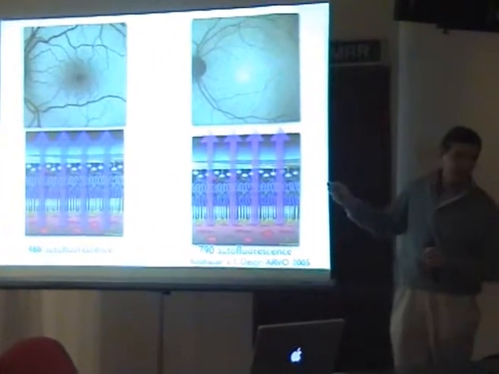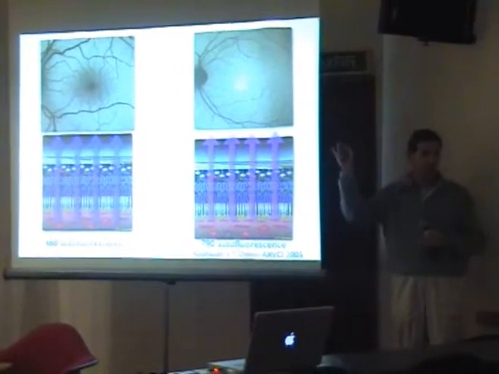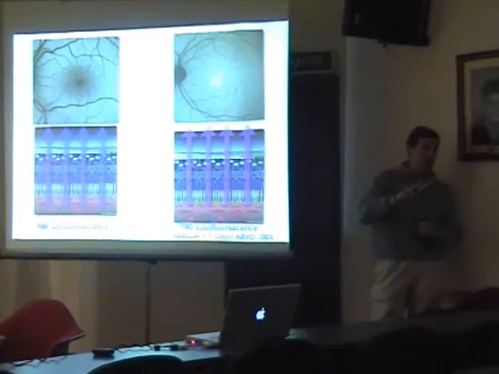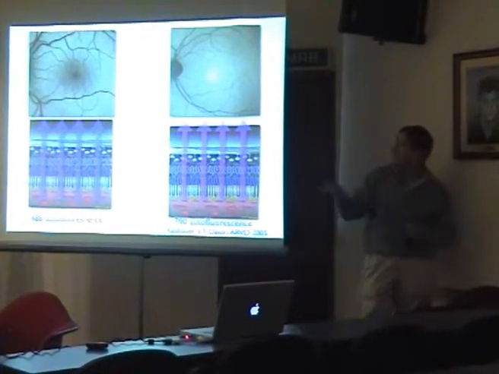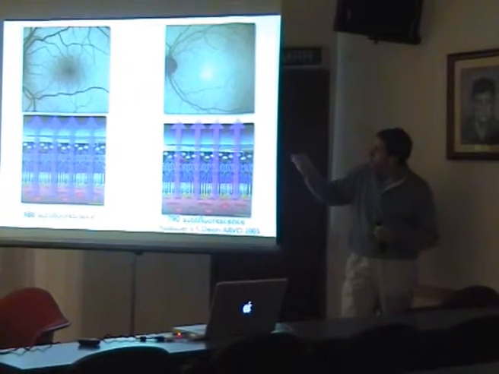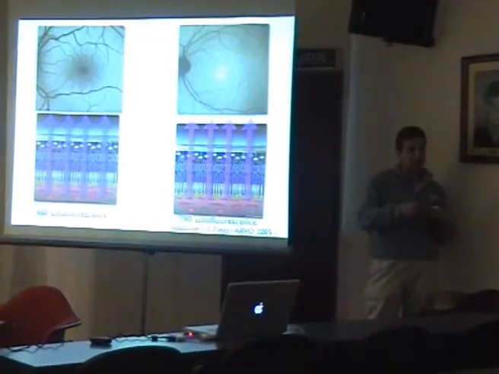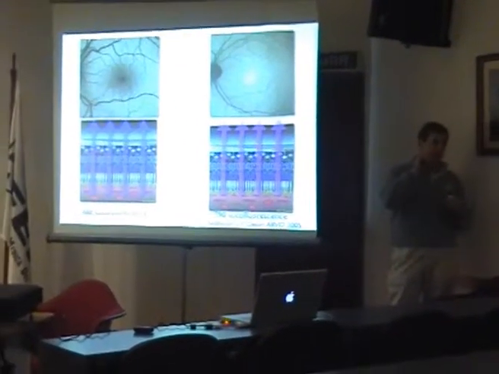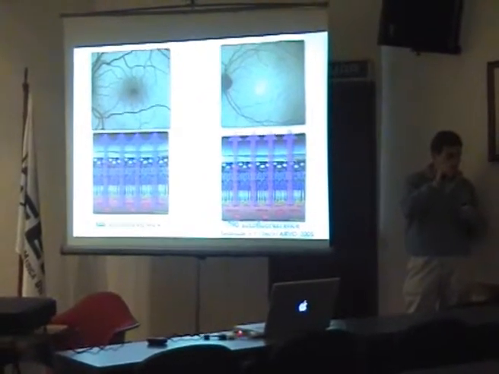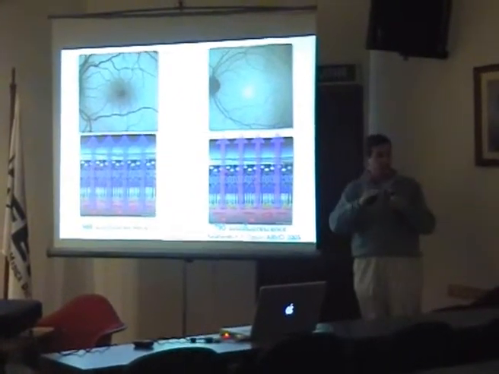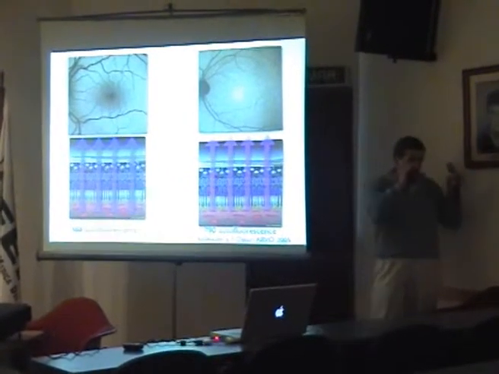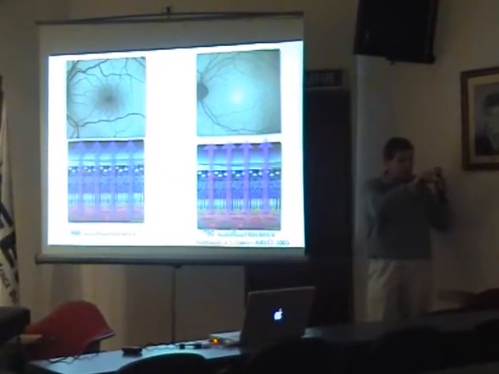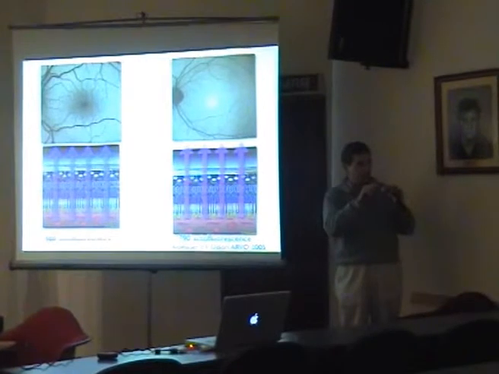You have an increased autofluorescence usually in a normal subject because what you look at is the fluorescence that is emitted by melanin. So you know that from an anatomical point of view, the RPE cells in the center of the macula are richer in melanin.